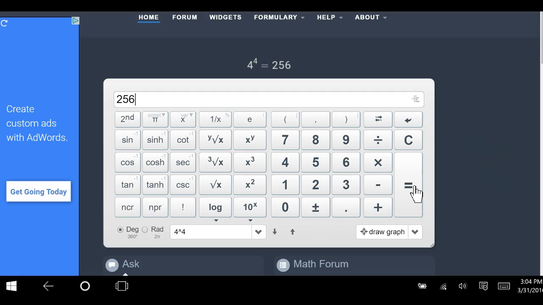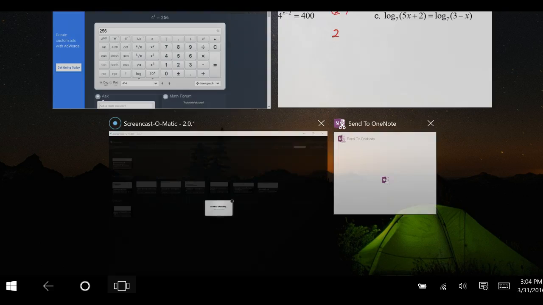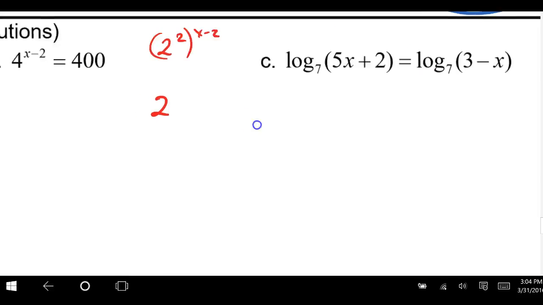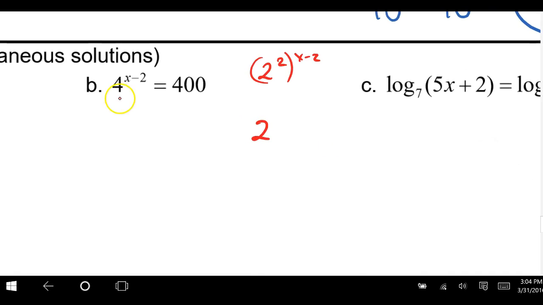So neither way is going to work. So that means that we can't make these bases the same. I know I can't do a base of 3, because that won't work for the 4. Really, the only options are 2 and 4. So if I can't use either one of those, then I'm going to have to use a different method. I'm going to have to use log. So let's log both sides. This is option 2.